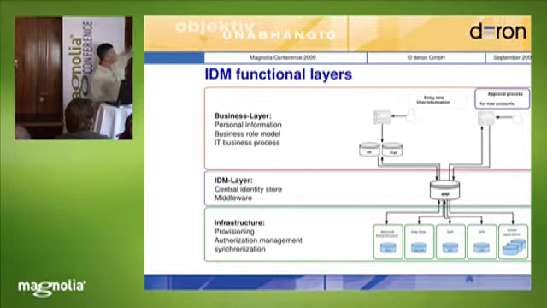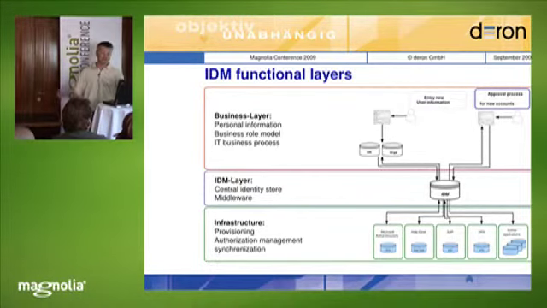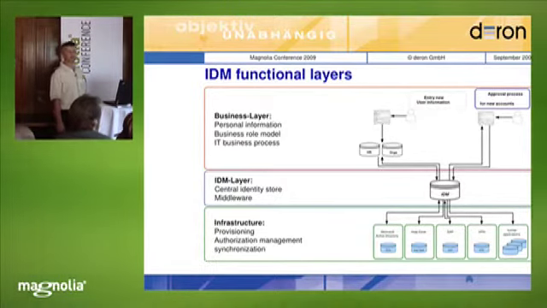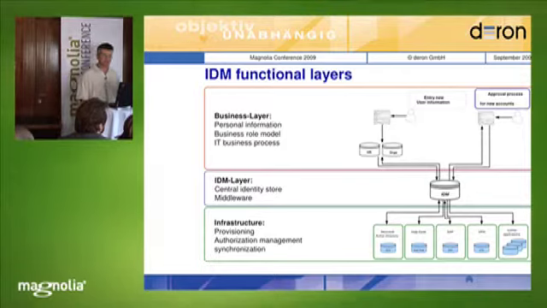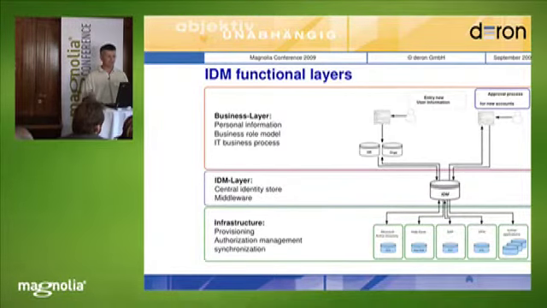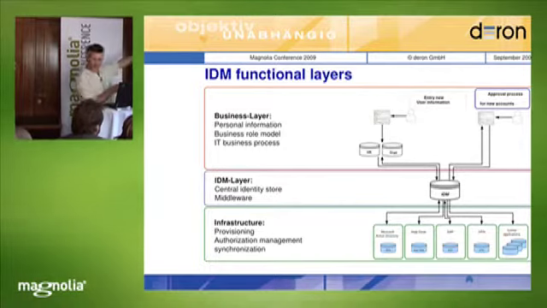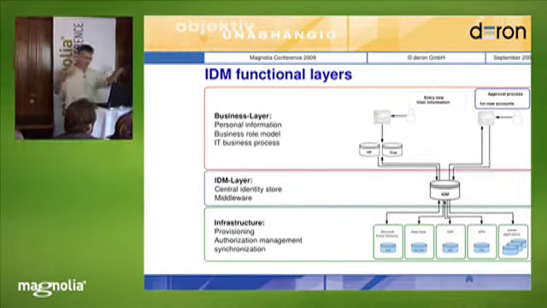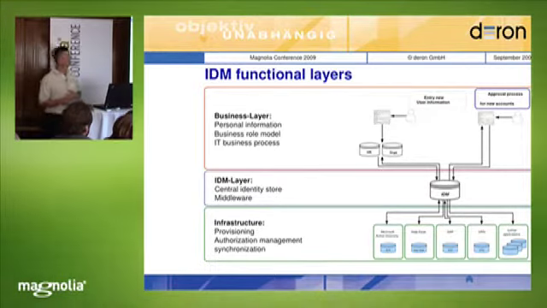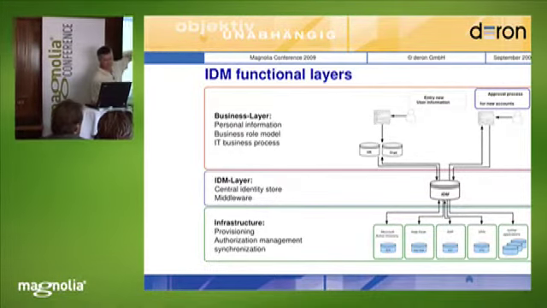In the business layer, you have information about people, personal information. You have information about business role models in the company, and you know the IT business processes. This is what I talked about in these slides with the graphics. So we have the processes here.